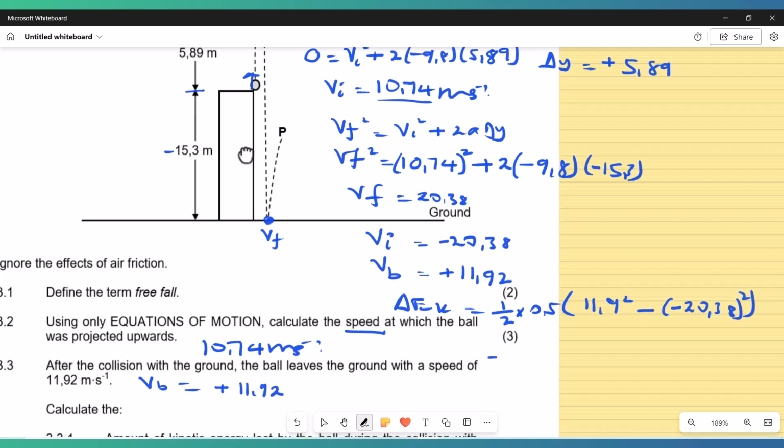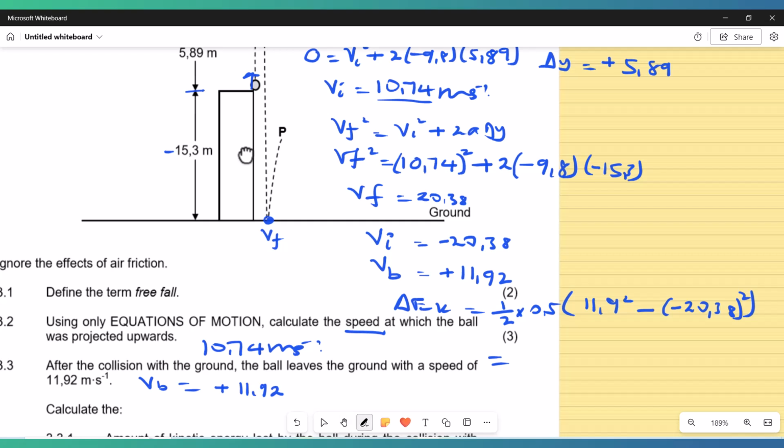So what's our final answer here? Calculators, final answer is going to be what? So 0,5 times 0,5 times open brackets, that is 11,92 squared minus, open bracket there, negative 20,38 squared as well, and then it gives us negative 68,43.